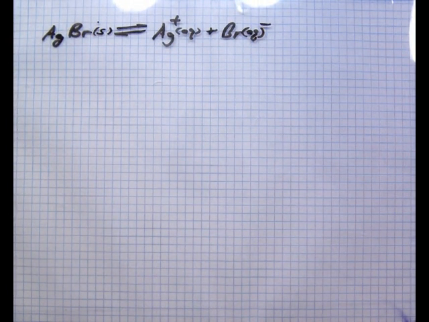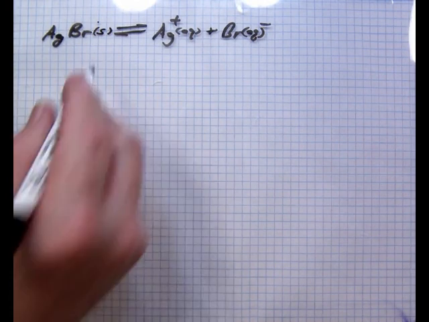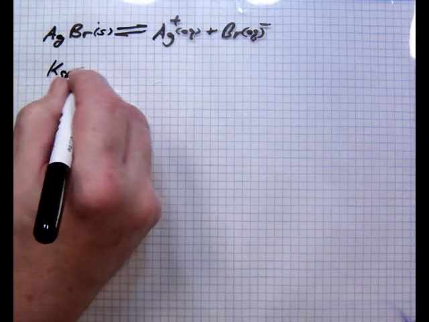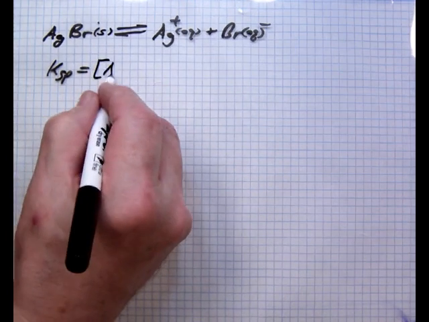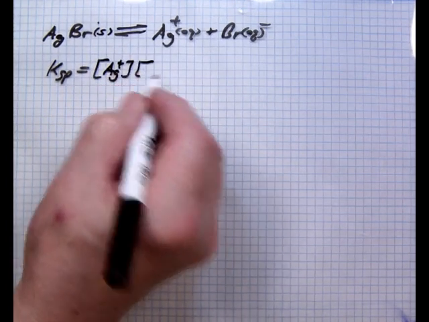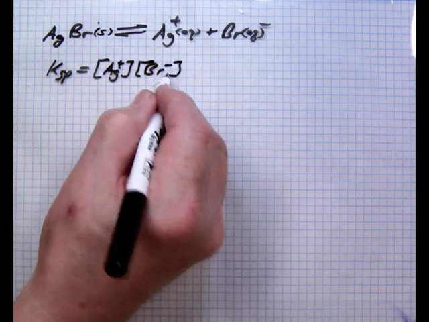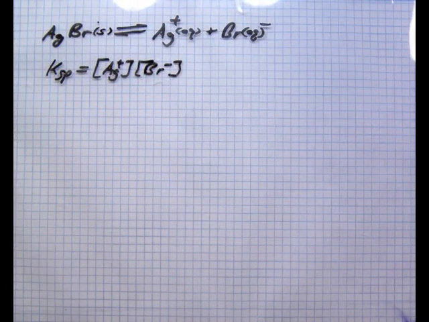What you're looking at is a 1-to-1 ionization ratio. Okay, so the Ksp expression for this would be only in terms of the product side, silver ions and bromide ions. Now I'm going to leave off the aqs when I write the expression. Everything's going to be in water anyway.